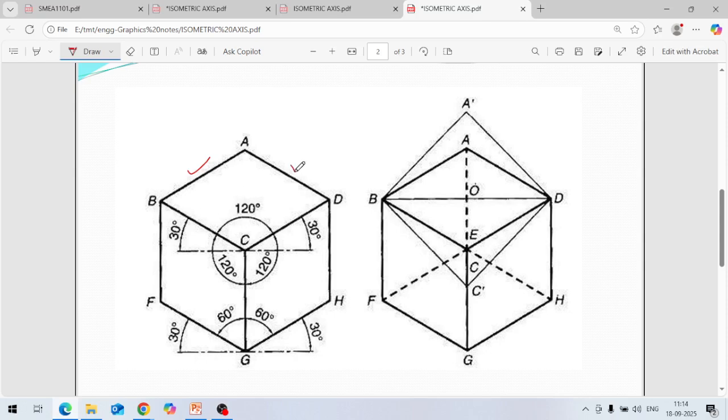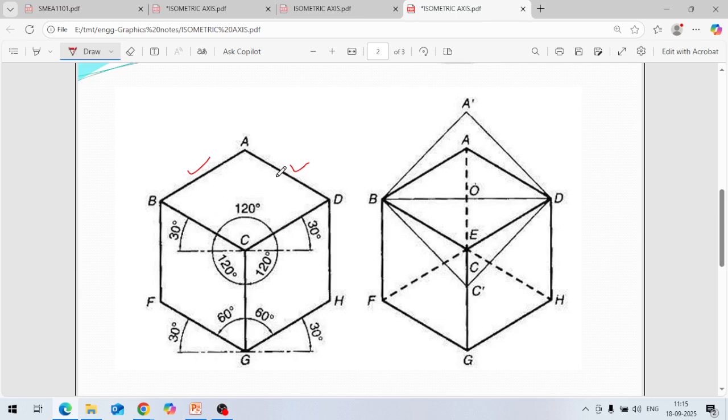This is also an isometric line. So these are isometric lines, and any line which is parallel to these is an isometric line, and these three axes are isometric axes. Okay.